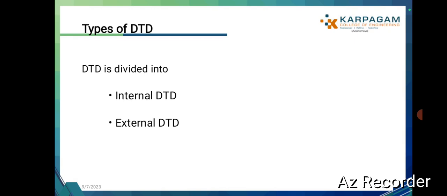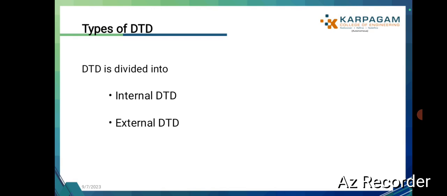The types of DTD. There are two types of DTD: internal DTD and external DTD. Internal DTD means we can define our DTD rules in our own XML document itself. External DTD means we can create our own DTD file in a separate document, saved as a .dtd file.